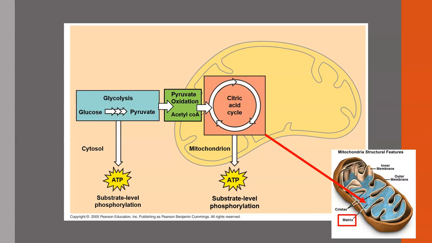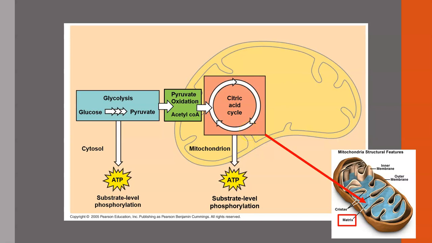Now this is occurring in the matrix of the mitochondria, and this is where the complete breakdown of glucose takes place. So we started with glucose, and then that got oxidized to pyruvate, which got oxidized to acetyl-CoA, and now that carbon compound that was once glucose is completely stripped of its electrons, and there will really be no more food after the citric acid cycle.